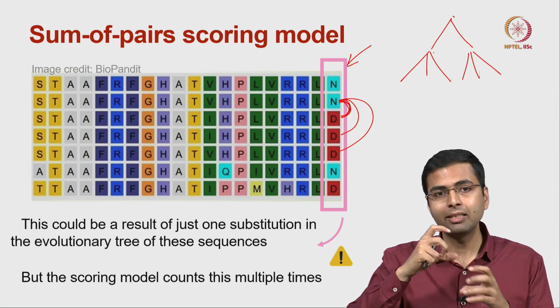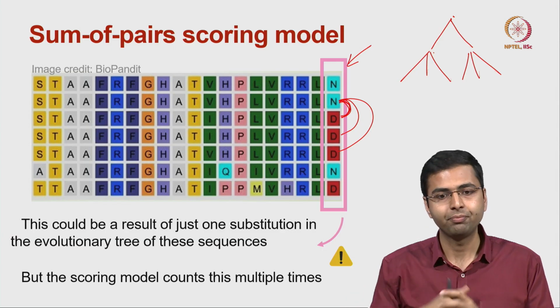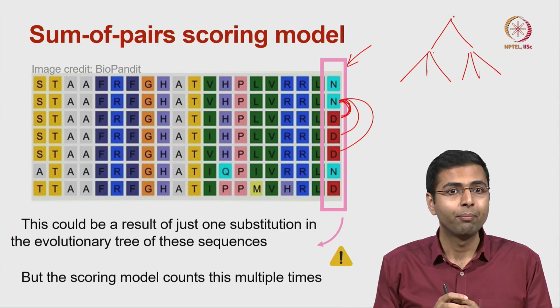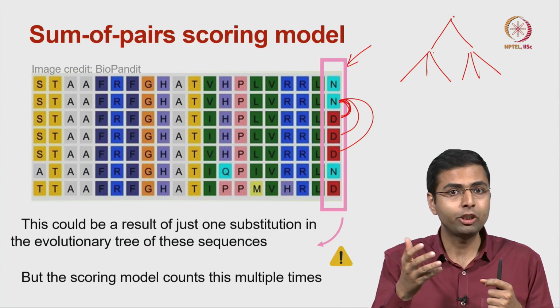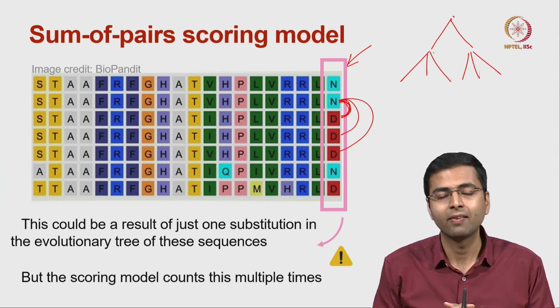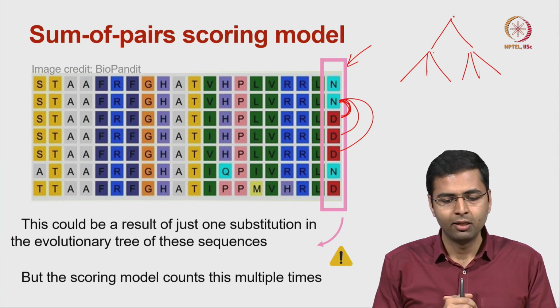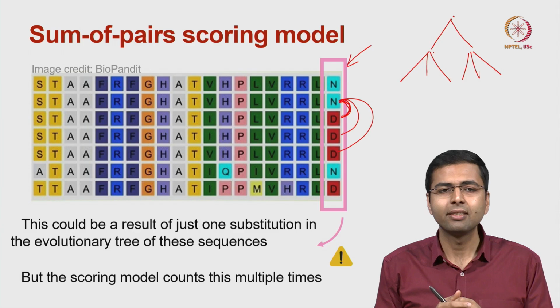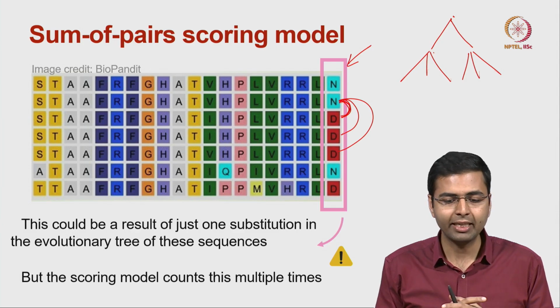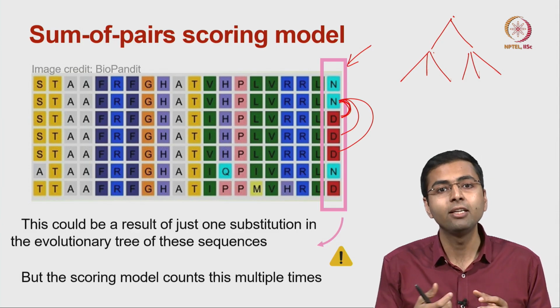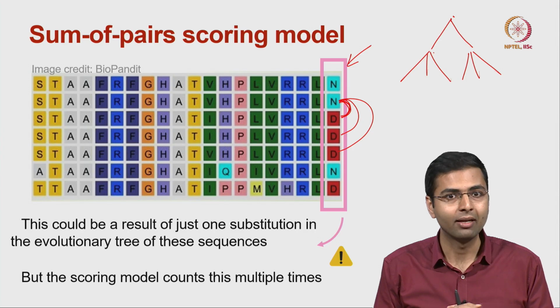So, I am considering this substitution multiple times instead of just once, because in the evolutionary tree this substitution could have happened only once. So, an obvious direction in which we can improve this scoring scheme may be to consider the evolutionary tree of these 7 sequences as well when we are computing the score of an alignment.